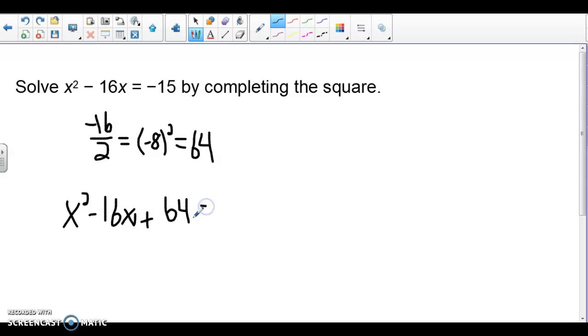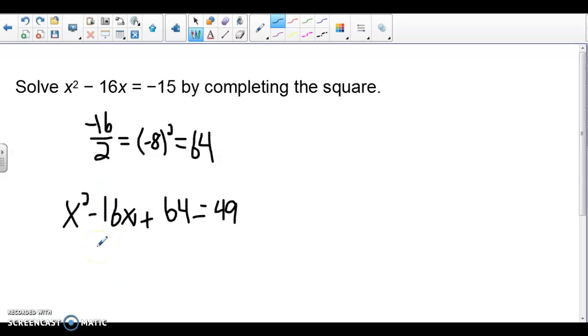And then I'm also going to have to add 64 to negative 15. So negative 15 plus 64 is 49. So that's how I get 49, because I added 64 to negative 15. I added 64 to the left-hand side, I added 64 to the right-hand side. So this is what we have now.